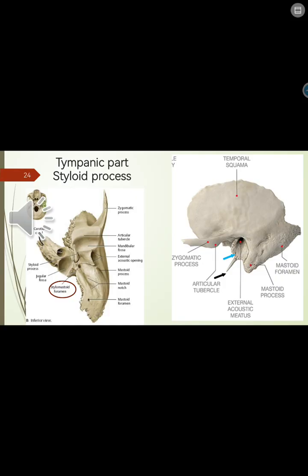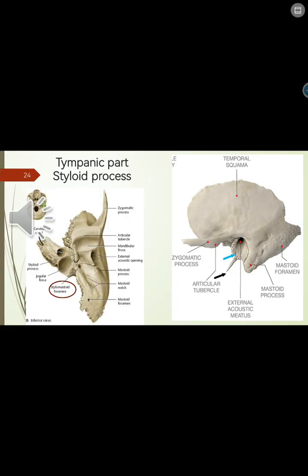The anterior surface of the tympanic plate is the posterior wall of the mandibular fossa. In other words, it is the non-articular part of the mandibular fossa, as I said in the past slides.